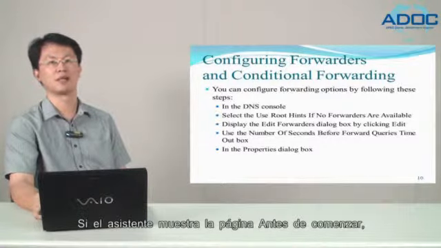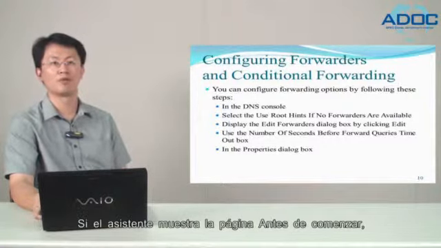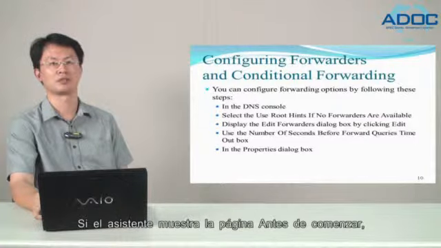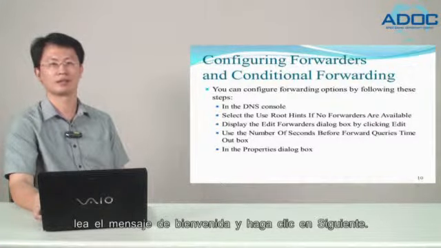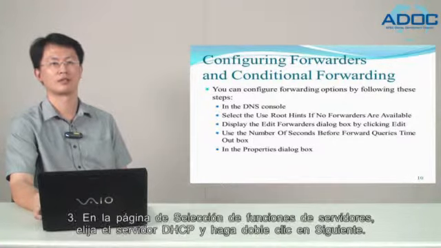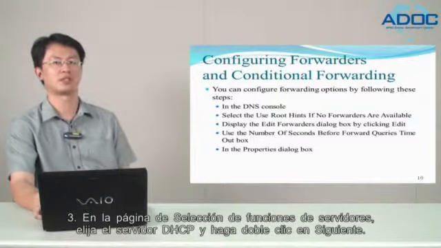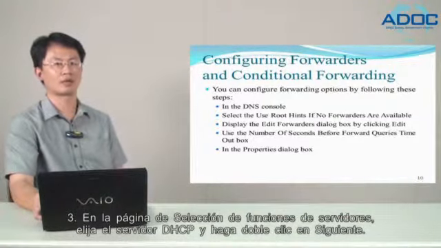If the wizard displays the Before You Begin page, read the welcome message and then click Next. Third, on the Select Server Roles page, select DHCP Server and then click Next twice.